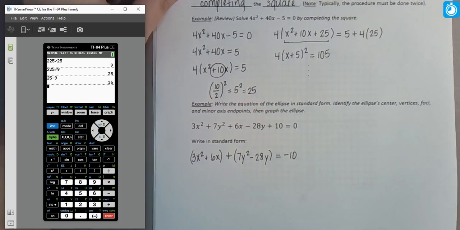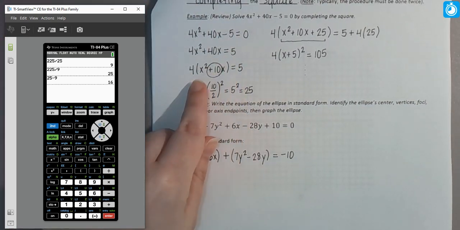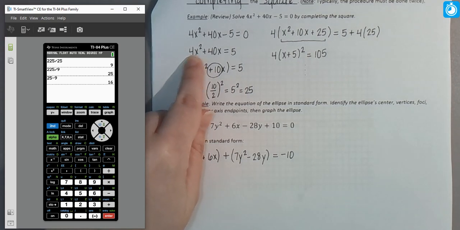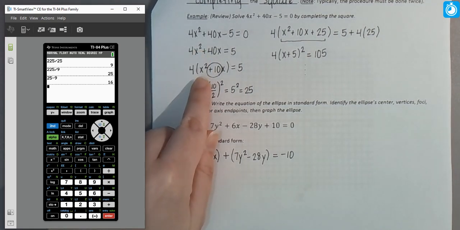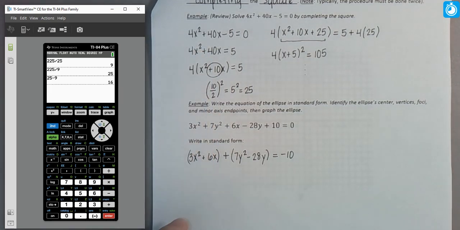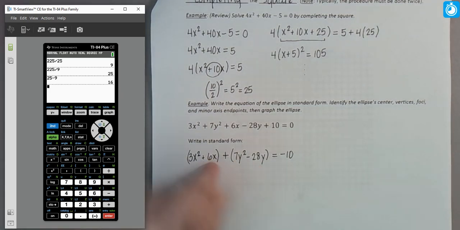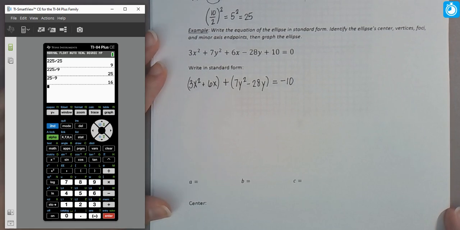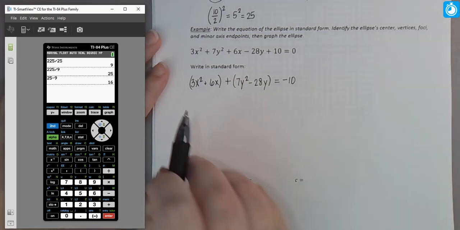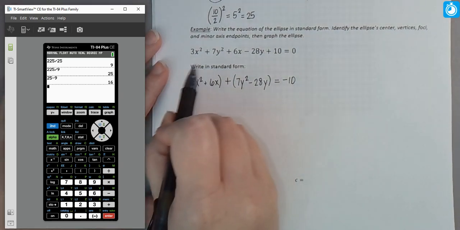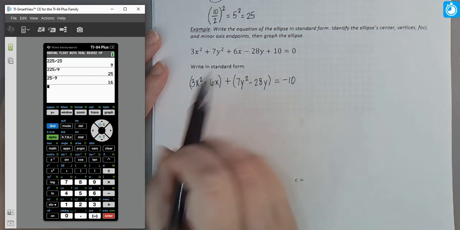Okay, so once we moved our constant over, notice we factored out whatever coefficient was in front of that quadratic term. So we need to do that here, but we need to do it both for the x's and for the y's. So whatever the coefficient is for my quadratic term in each set of parentheses, I'm going to factor it out of that set of parentheses.